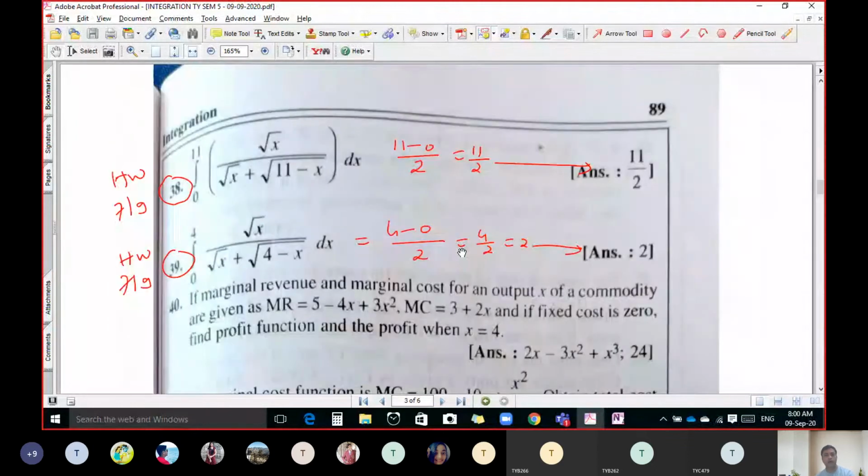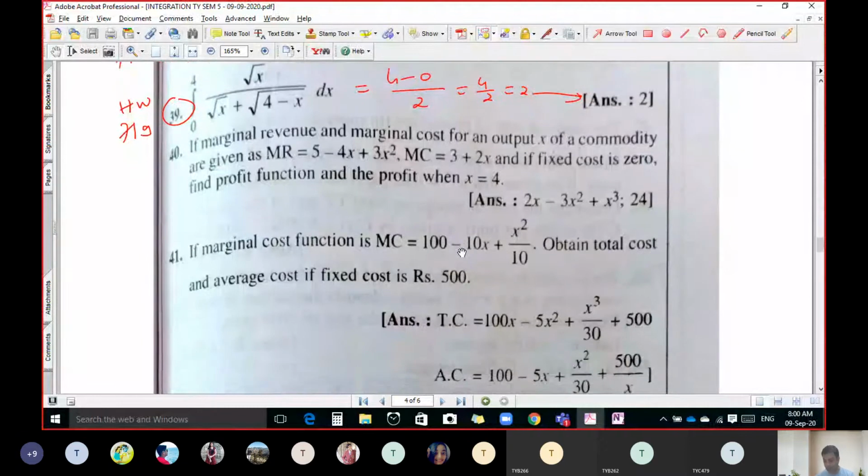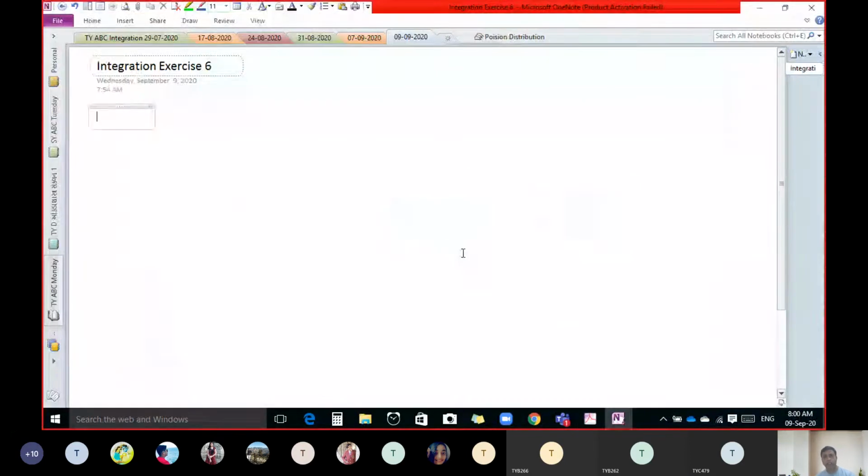Okay. So now let us continue. Question number 40. See, before that, let us discuss one small result. We know that revenue equals price into demand.